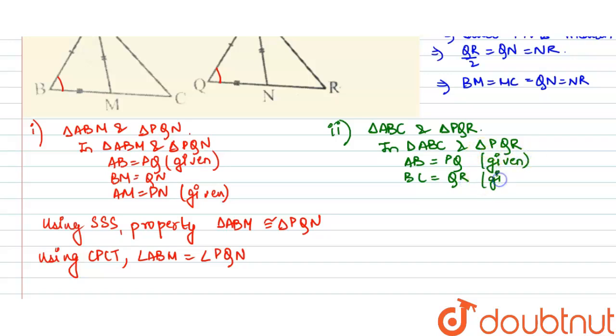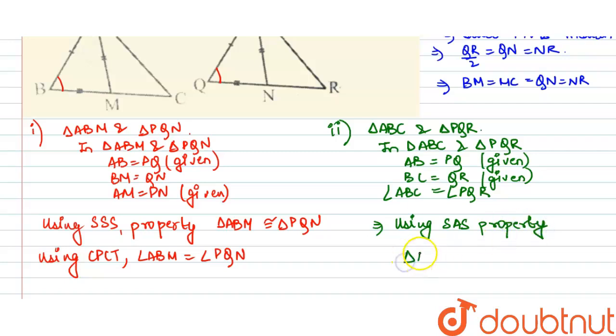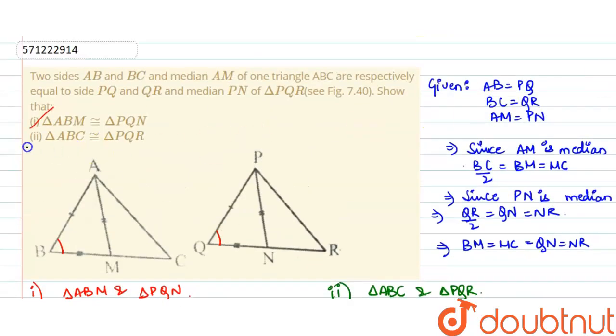This is also given. And angle ABC is equal to angle PQR, which we just proved from the first part. So therefore, using the side angle side property, triangle ABC is congruent to triangle PQR. So hence the second part also has been proven.